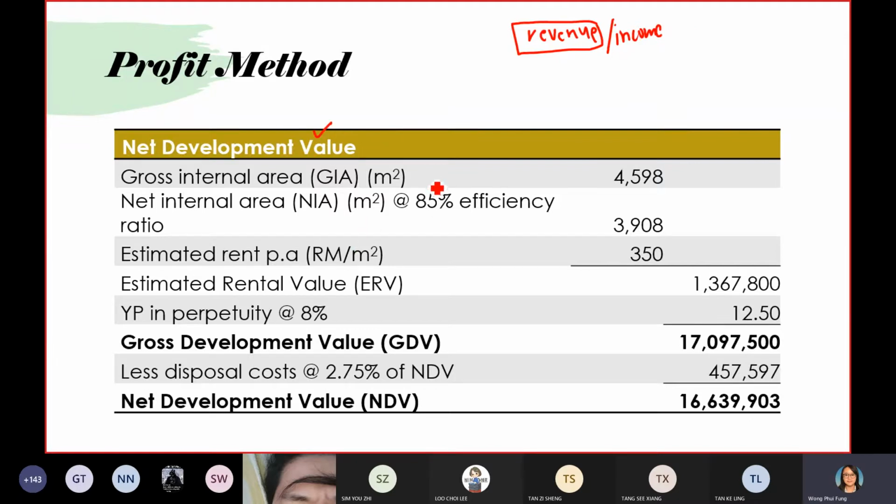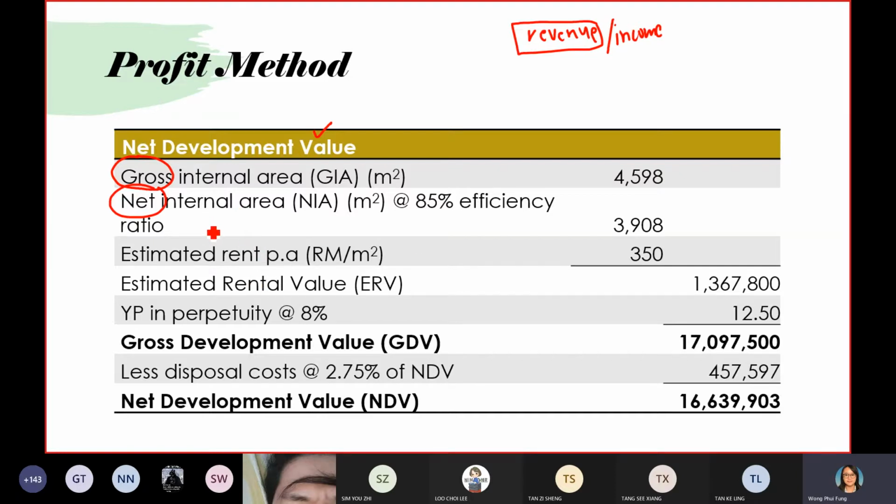All right, to kickstart, you have to differentiate what is meant by gross area and net area. Can you see? One is the gross area, another one is the net area. I go to the net area first.